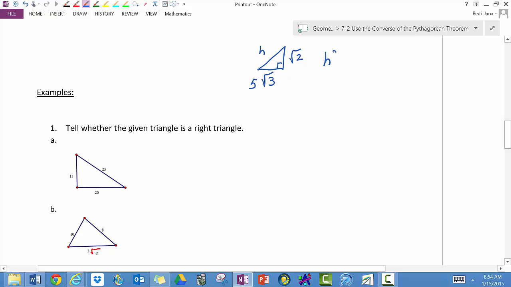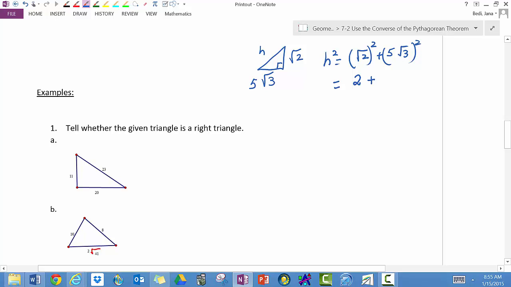I would say hypotenuse squared is equal to root 2 squared plus 5 root 3 squared. So don't be intimidated by radicals. Root 2 squared is the same as root 2 times root 2, which is root 4, which is 2. Or, very simply put, when you square a radical, the radical disappears. Root 2 squared is 2.